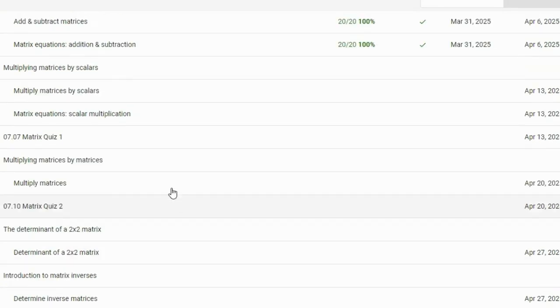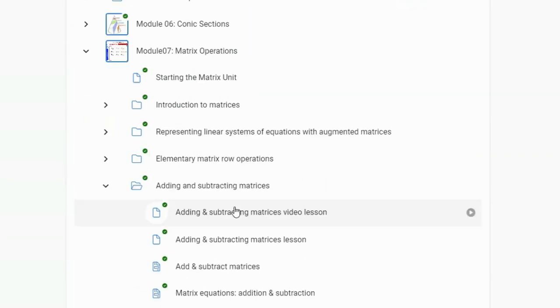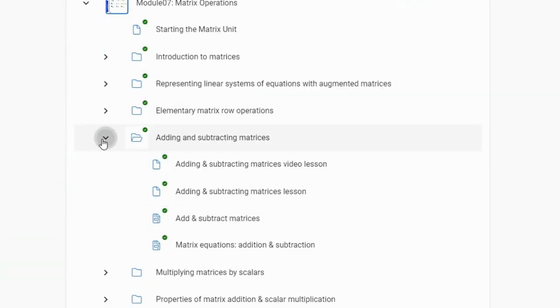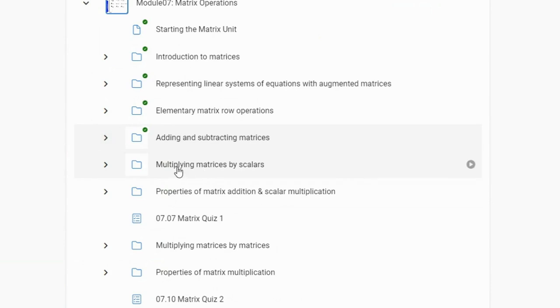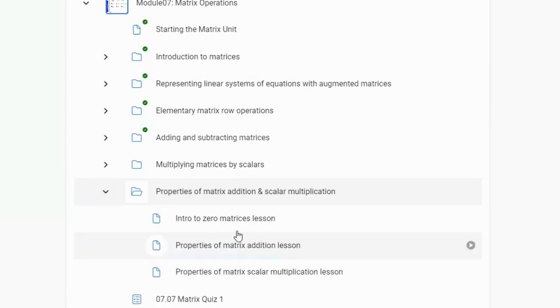All right, this week we just have one folder to do, the multiply matrices by scalars. We'll see how many lessons are in there. Activities. Okay, we did the adding and subtracting matrices. There's another folder before the quiz, but there's no assignment in there, but we need to go through those lessons because we'll need them for the quiz.